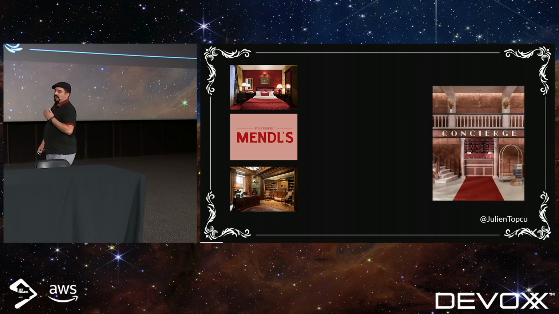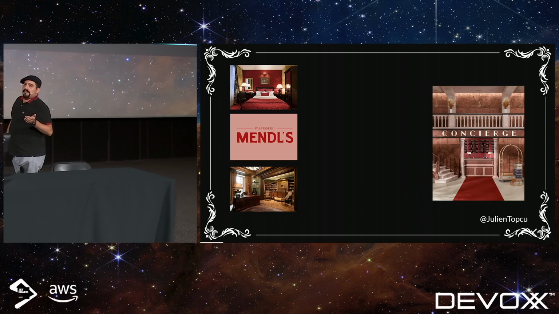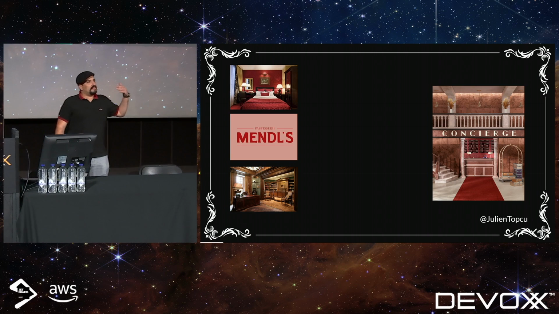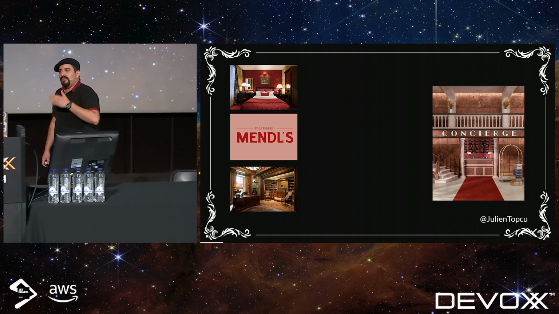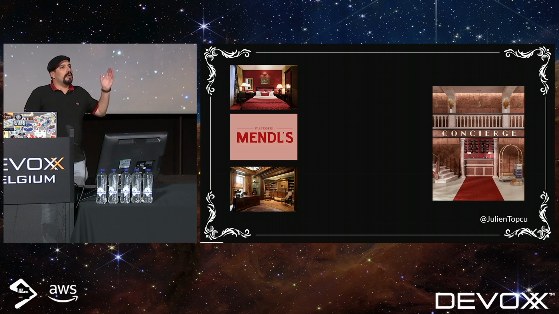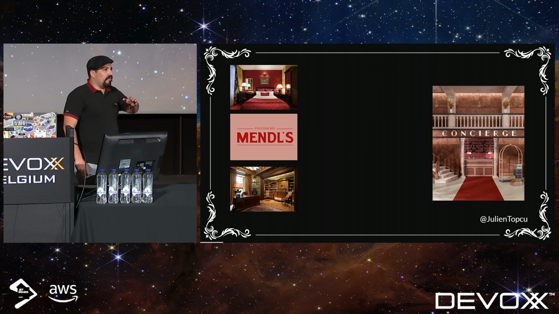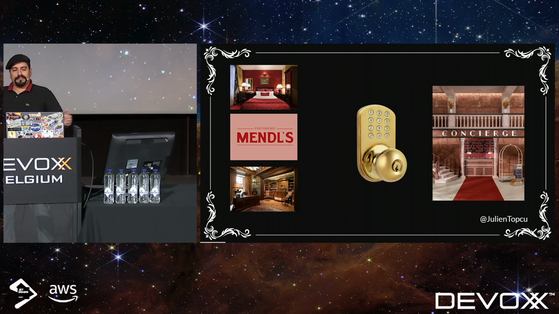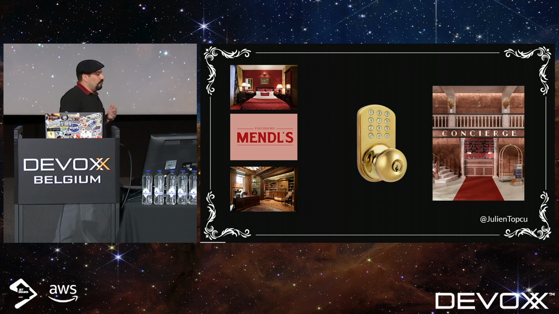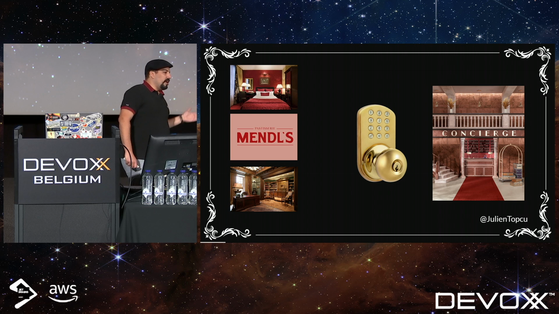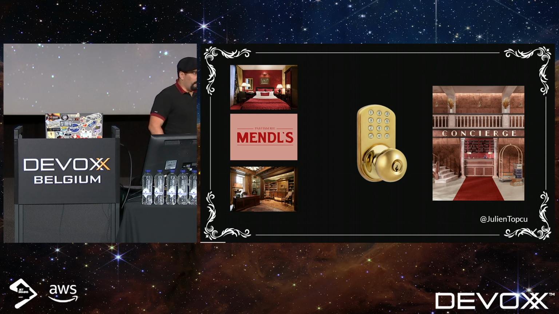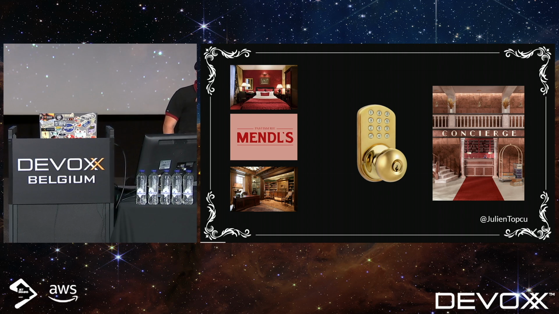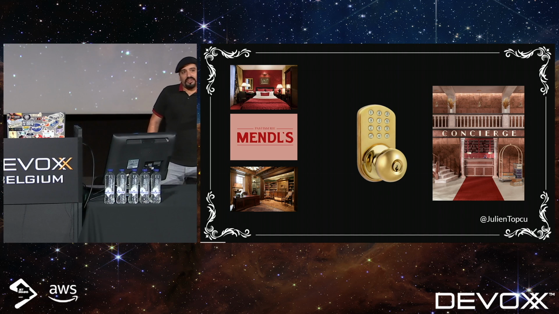On the other side, you have the lobby. This is the public space. This is where we are welcoming all the guests and all the visitors. And to secure the entrance to the private space, Gustave, the manager, has installed a code lock on the single door between those spaces. And he gave that code to all the employees and all the guests of the hotel. Unfortunately, this is the same code for everyone, and it never changed.